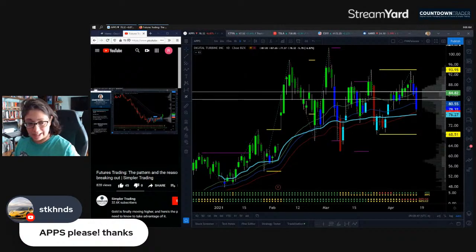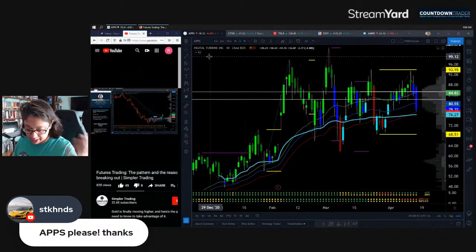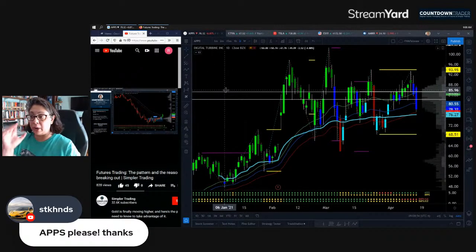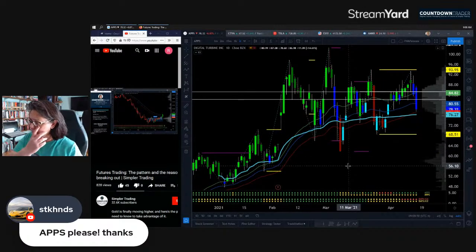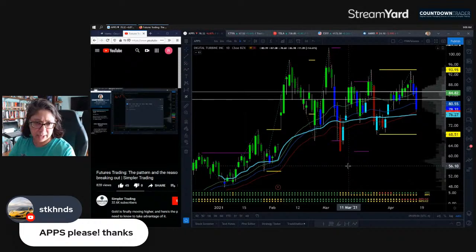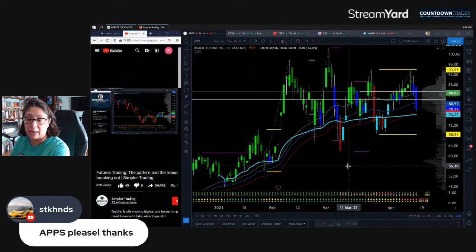The one that's popping to mind is FFTY, the IBD 50. I don't think we have a lot of other major ETFs that have apps as a heavily weighted stock. I think it's about 3.5% of FFTY, which is the IBD 50 ETF.